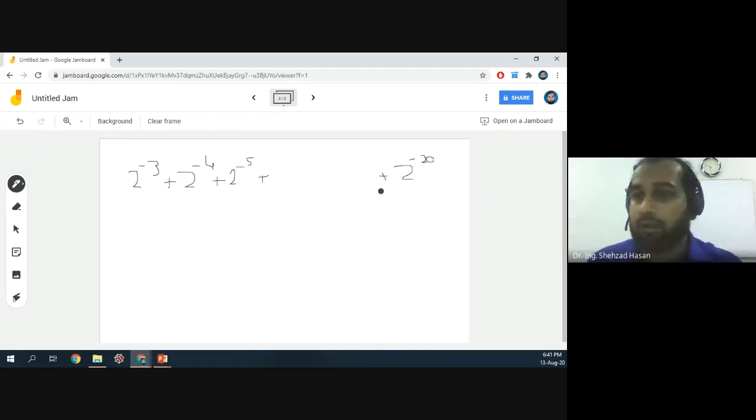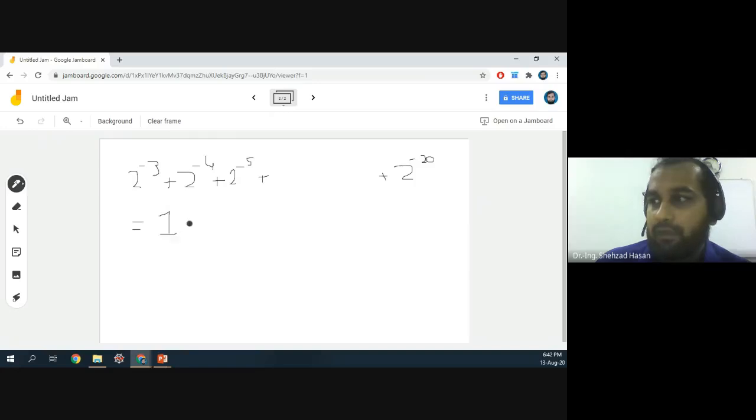So you add all of those powers, and then you're going to get some number, right? And this number was the fractional part, so you are going to add one more to that, so it would be 1 point something, right? So the whole thing here is going to come over here, and this is the fractional part, and then you're going to multiply it by 2 raised to the same exponent that you have.